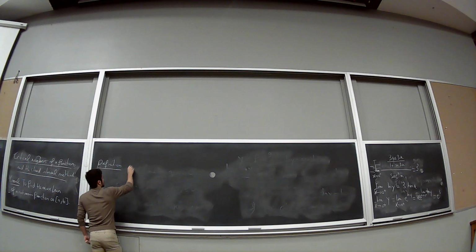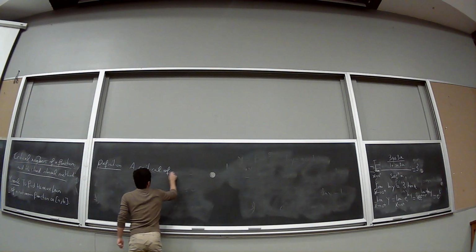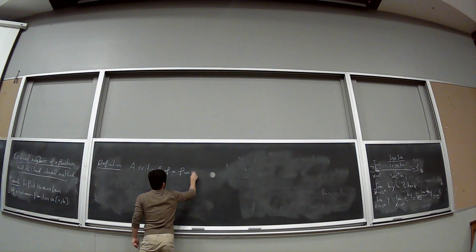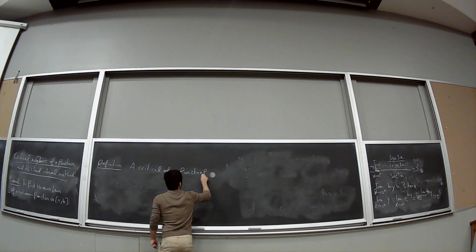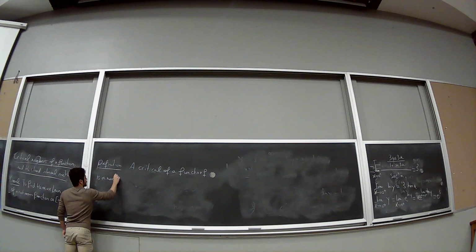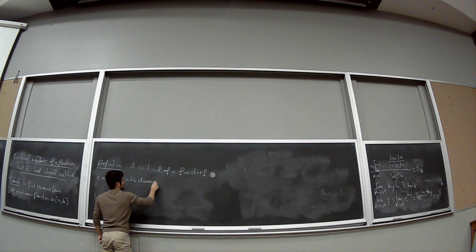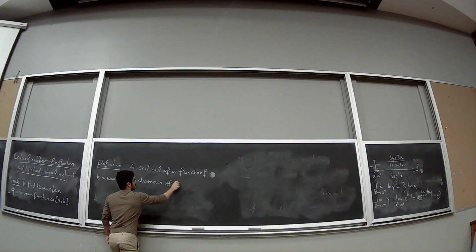A critical number of a function f is a number in the domain of f. This is very important.